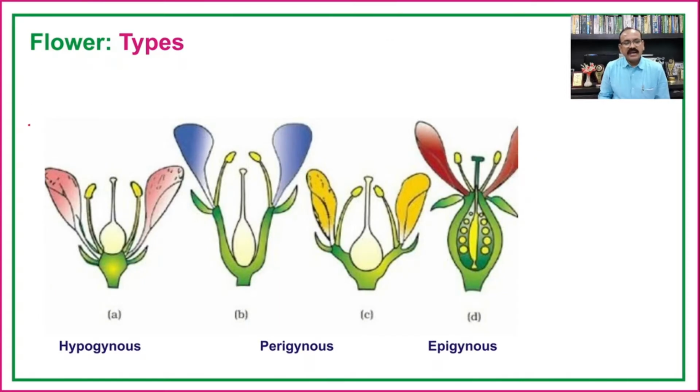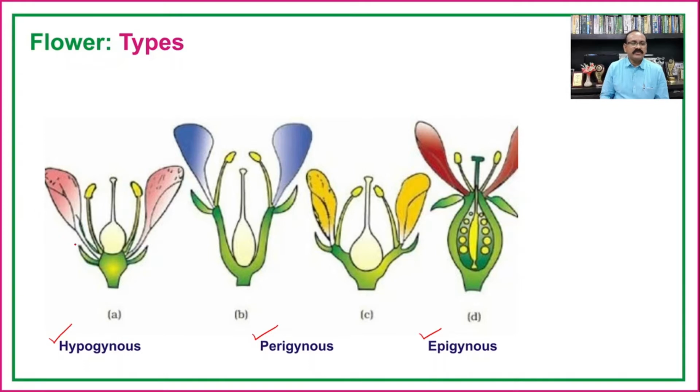This type of flower classification is based upon the position of the ovary, or the development of the different floral whorls from a particular point with respect to the ovary, and they are again classified into three different types, that is hypogynous, perigynous and epigynous.